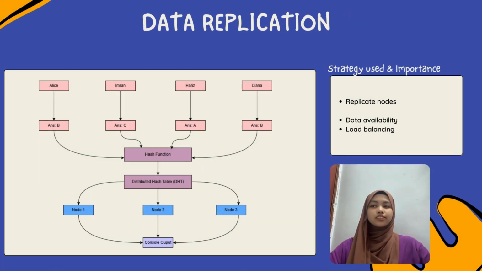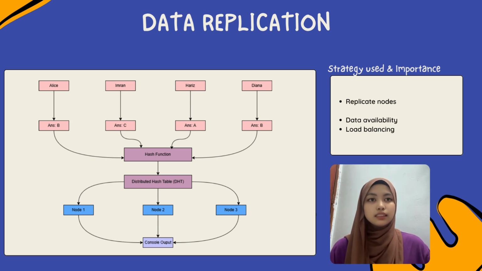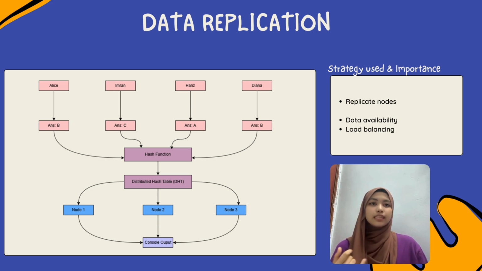Data replication strategy. What exactly happens? After the data is hashed and assigned to a node, it will likely be replicated to other nodes. For example, if a piece of data originally mapped to node 2, it will likely be replicated to node 1 and node 3.